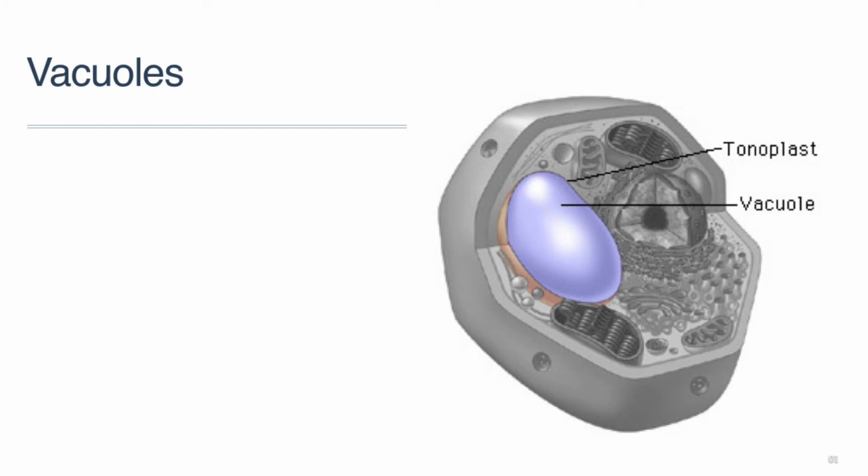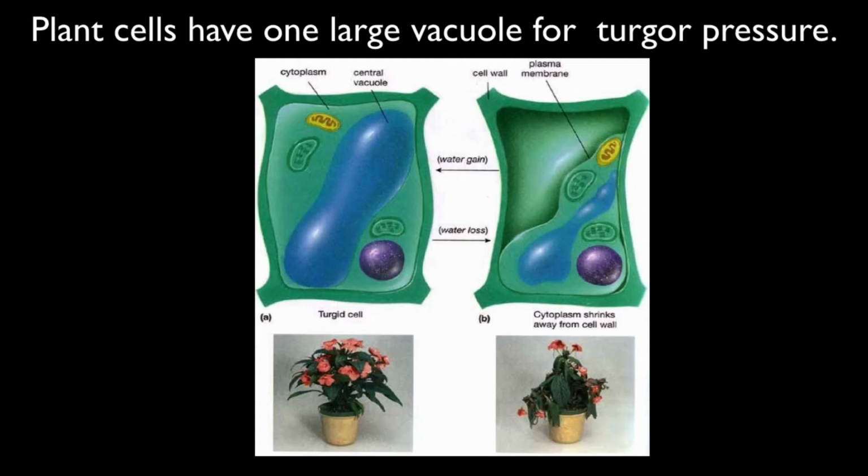Now, vacuoles are also membrane packages. However, they do not move cell products around or contain enzymes. They basically serve a very simple storage role. They are there to store water or food or waste or fat. Plant cells tend to have one very large vacuole that is full of water, and that vacuole helps the plant cell maintain an internal pressure.